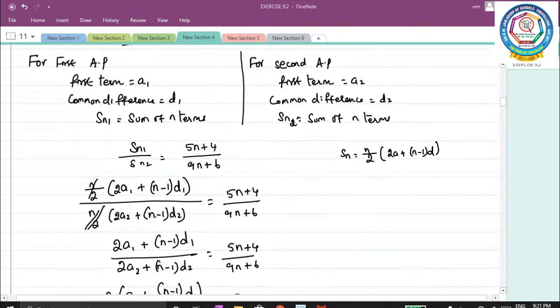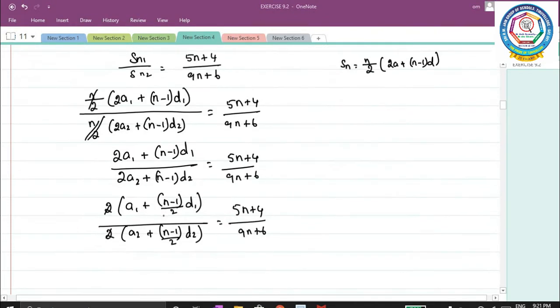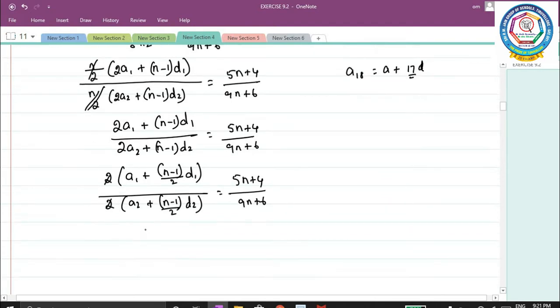But the question asks to find the 18th term. So A18 can be written as a plus 17d. If you equate this with (n minus 1) by 2, we get (n minus 1) by 2 is equal to 17. So n minus 1 equals 17 twos are 34.